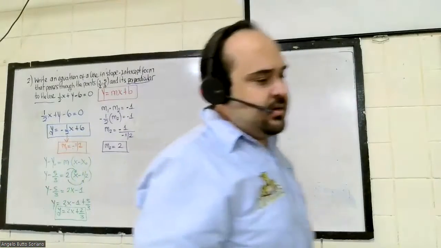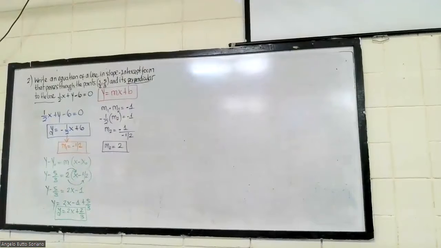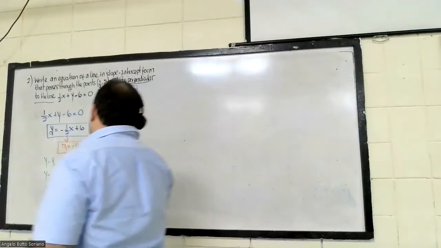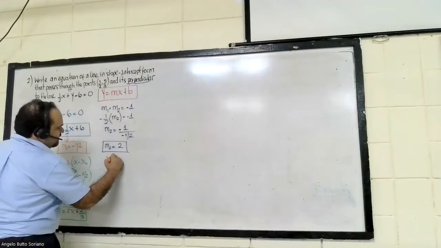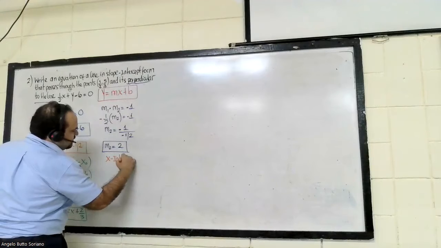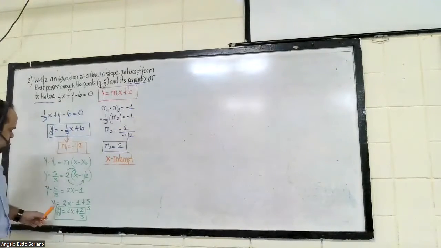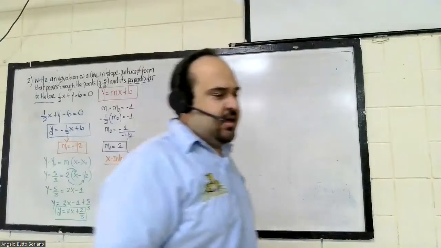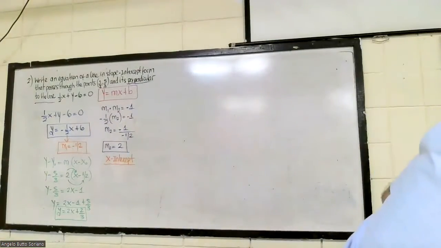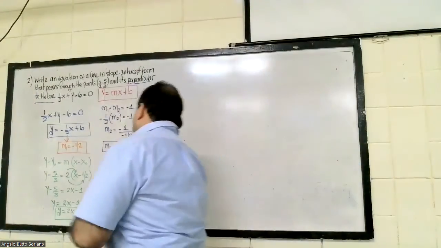So let's do it. To determine the X intercept, okay, I'm going to copy the green equation. Once again, I'm going to use this black marker.